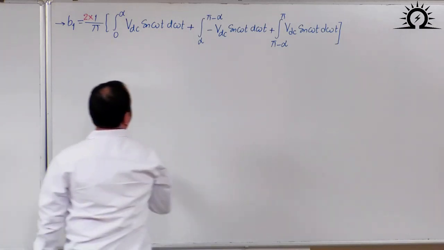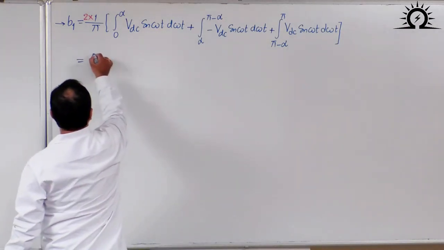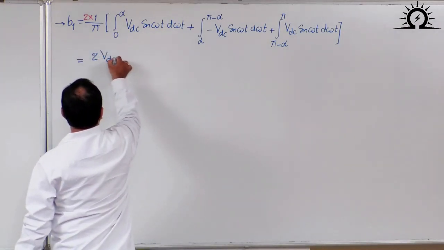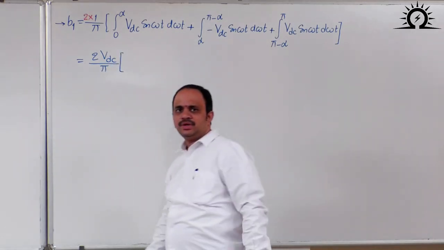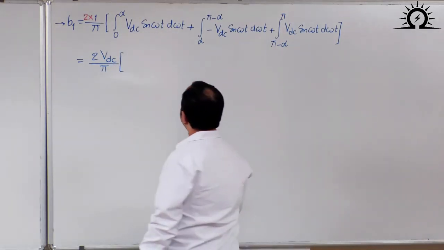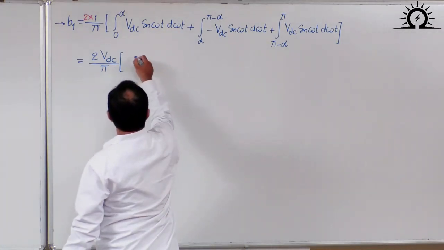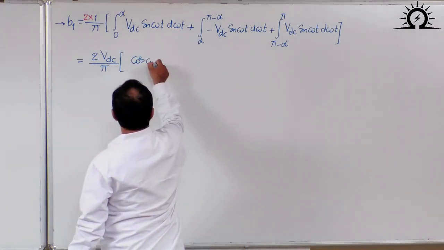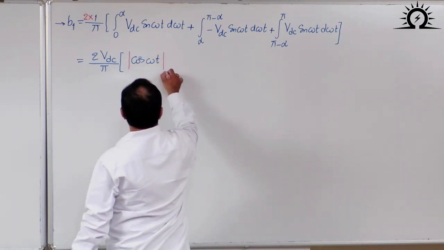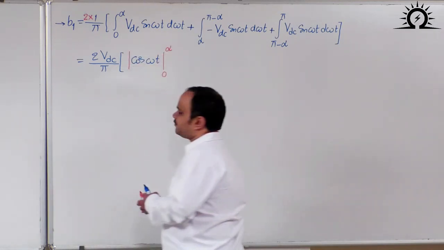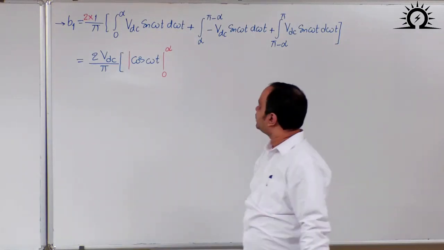Next step, you can take VDC outside. So 2 VDC by pi. Integration of sin omega t is minus cos omega t, and limits are from 0 to alpha.